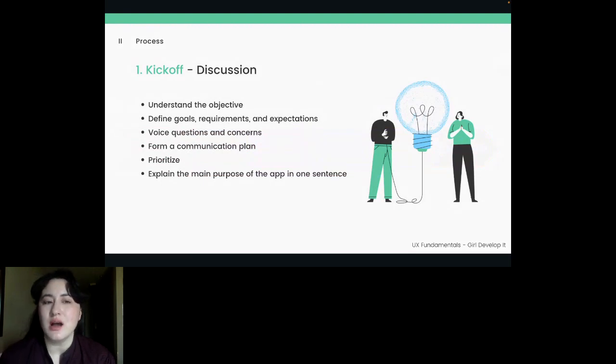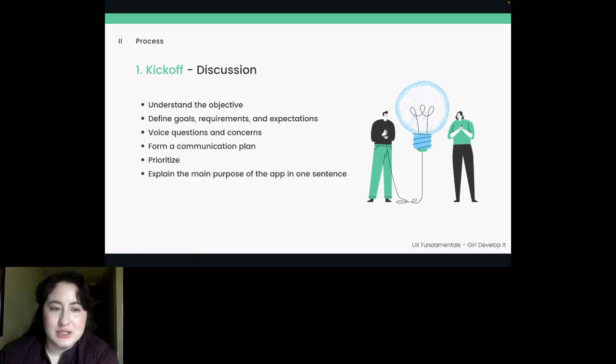Okay, so kickoff is, you might have already done this if you've been through the team building initiation phase. It's a discussion within your team to understand what your core objective is with your project. This is providing a lay of the land so that everyone is on the same page about what your objectives are. You're going to be defining your goals, requirements, and expectations.